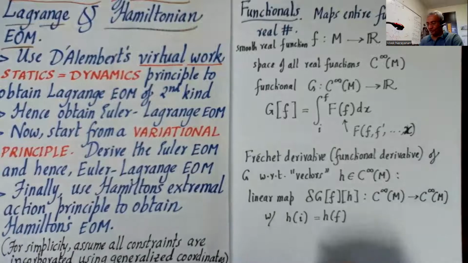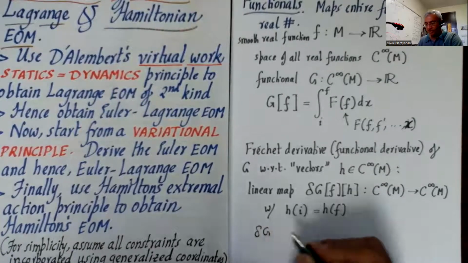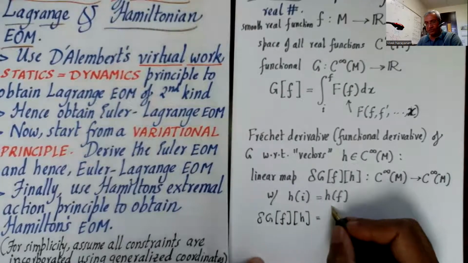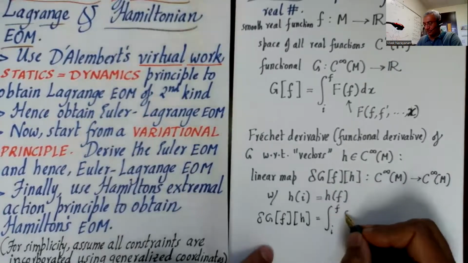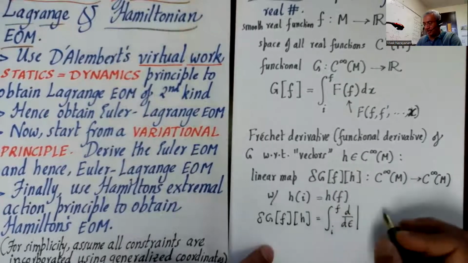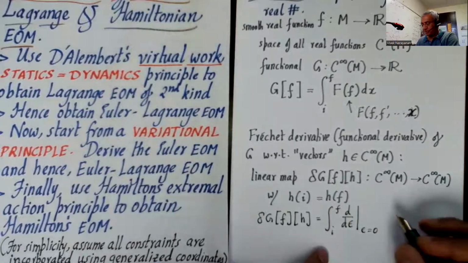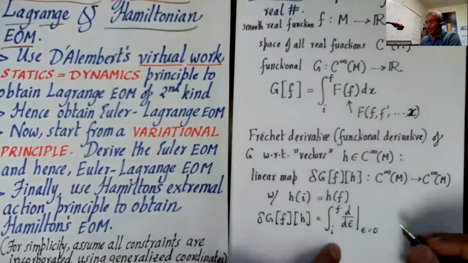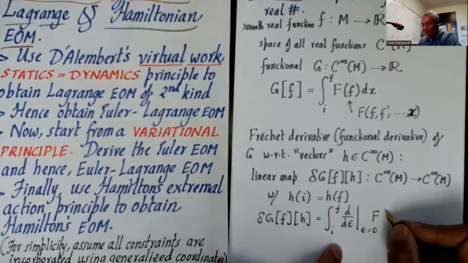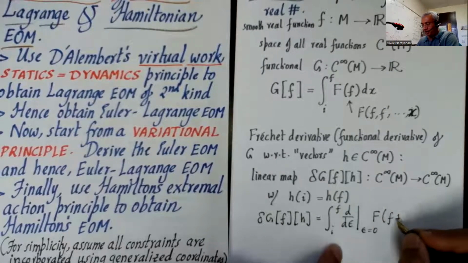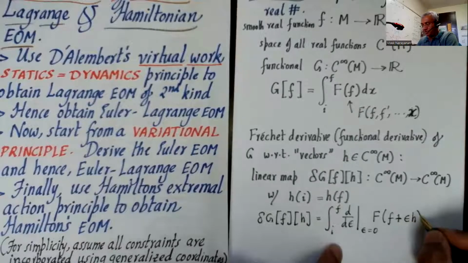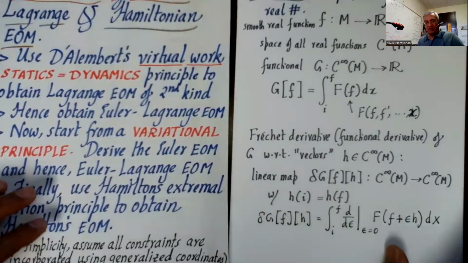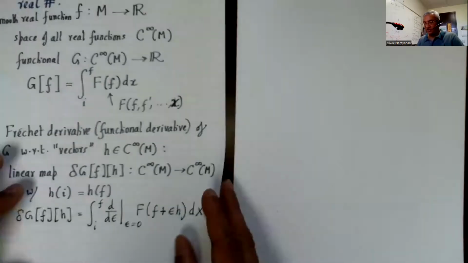The definition is this: delta G F H is the integral from I to F, d by d epsilon, evaluated at epsilon equal to 0, of F of f plus epsilon h dx. It's the derivative with respect to some parameter epsilon, evaluated when epsilon is 0. So it might be a good idea to draw a figure to understand some of what's happening.